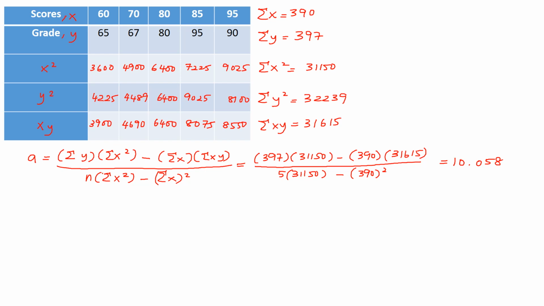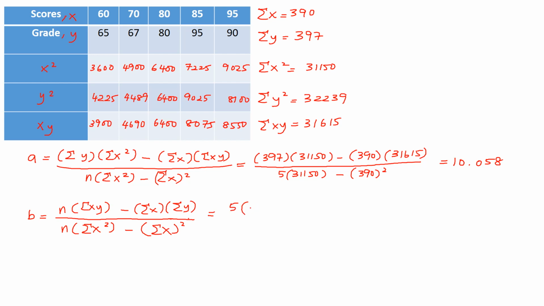And next we have to find the estimated value of B. So B is n multiplied by the sum of xy minus the sum of x multiplied by the sum of y, divided by n multiplied by the sum of x squared minus the sum of x, all squared. Now we substitute all the values here. n is 5.